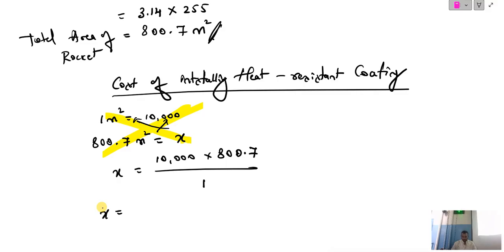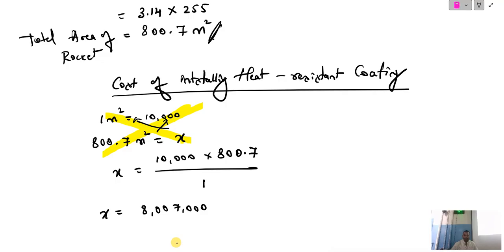So the answer is 10,000 into 800.7. How much? 8 lakhs 7,000. Is it so? 8 lakhs, 80 lakhs.